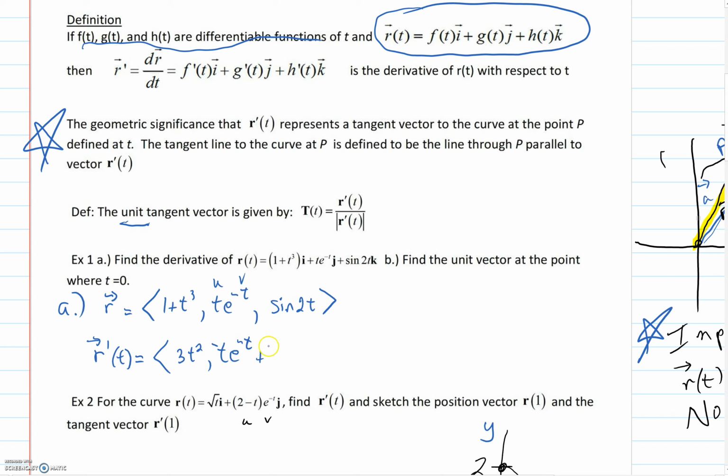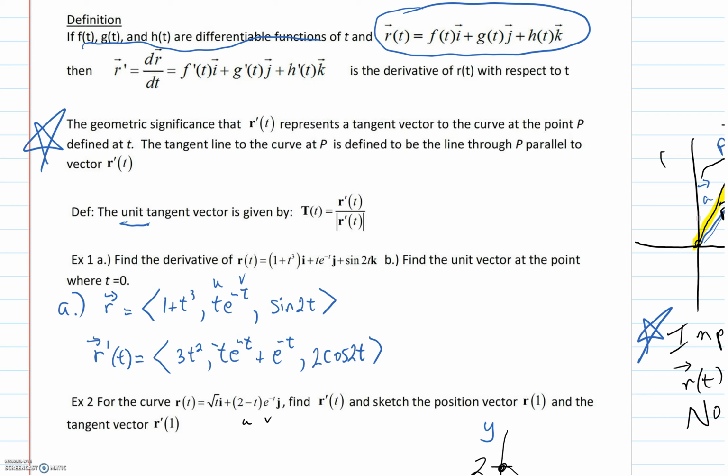And so we'll say plus, then we'll take the derivative of t, which is just a 1, times e to the negative t. Then as we take the derivative of sine of 2t, well, that's going to be the cosine of 2t, but we need the chain rule again, derivative of the inside, that's a 2. And there you have it, guys. That's going to be the derivative, your r prime vector.